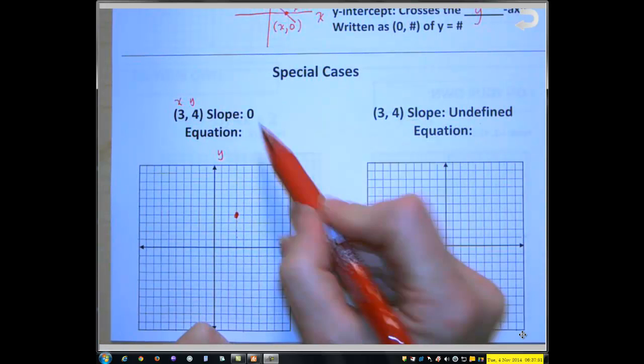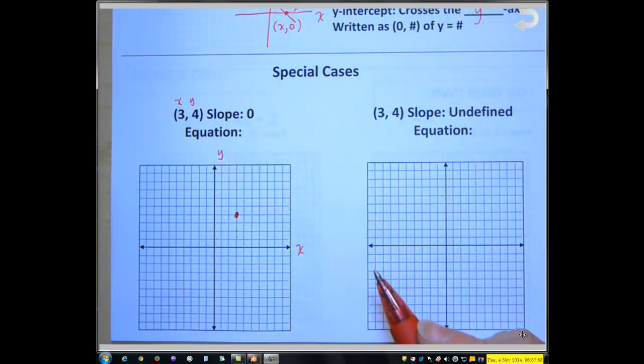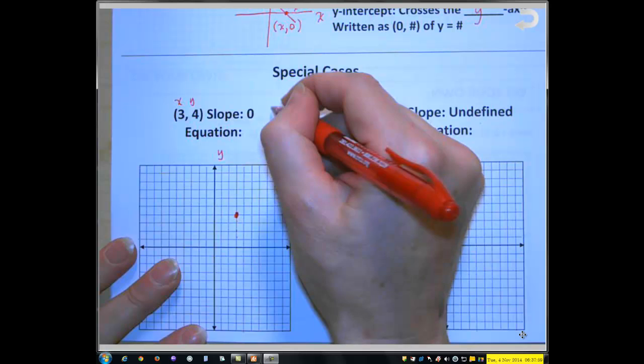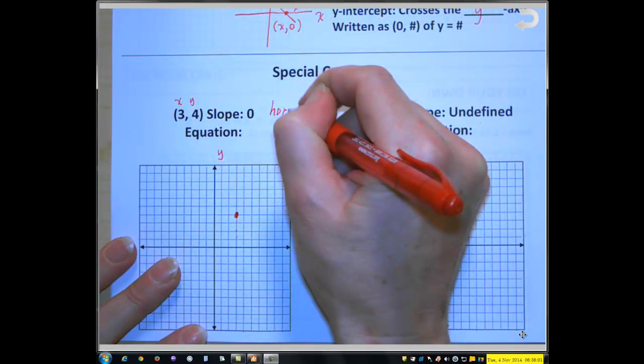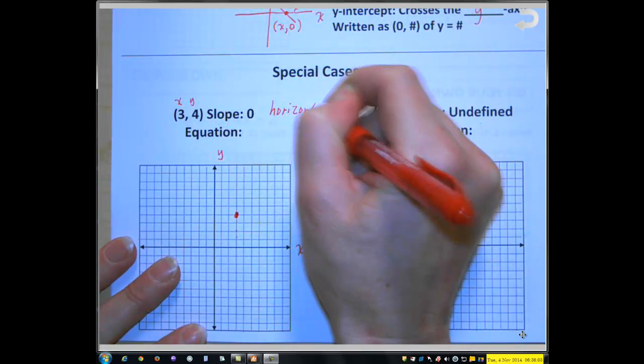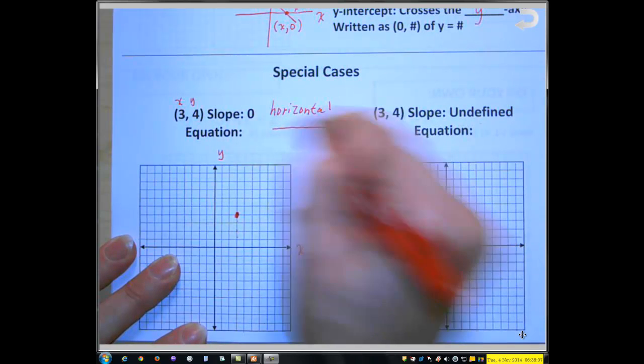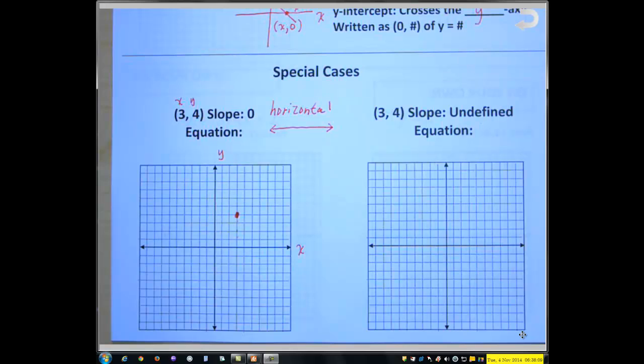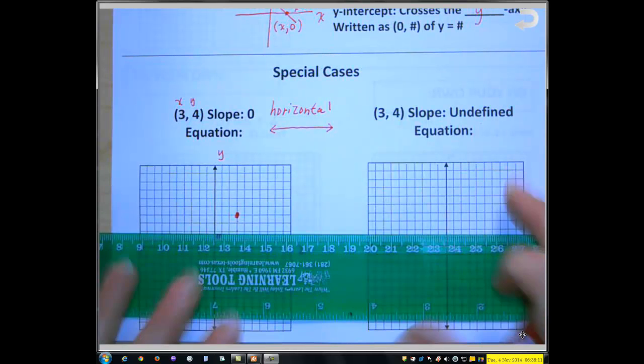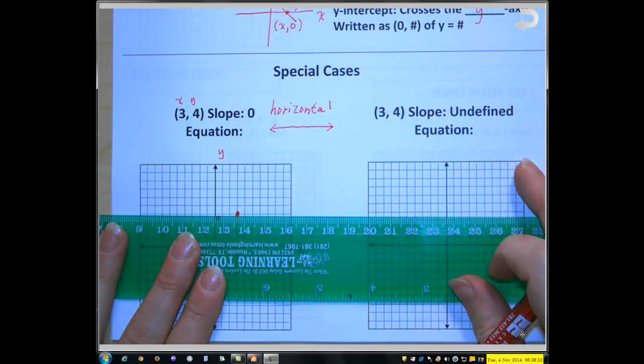Now we're told that the slope is 0. What kind of line has a slope of 0? Well, we learned in our last unit that that would be a horizontal line that has a slope of 0. Remember, a horizontal line is flat like this. So we know that we're going to have a line through this point that's horizontal.